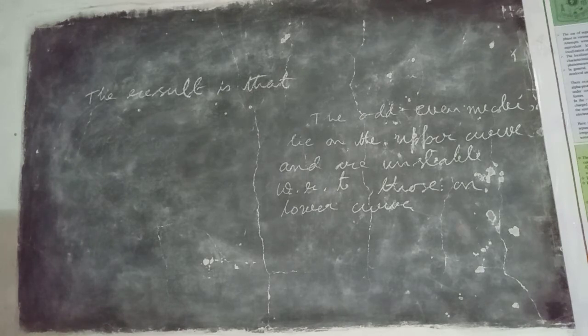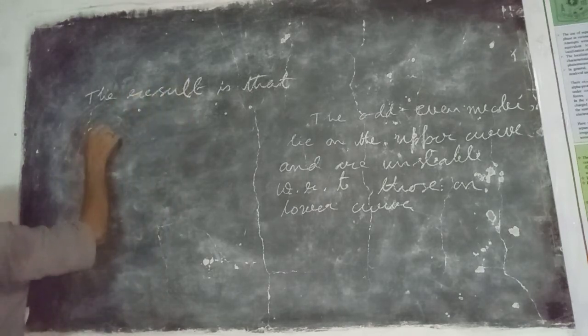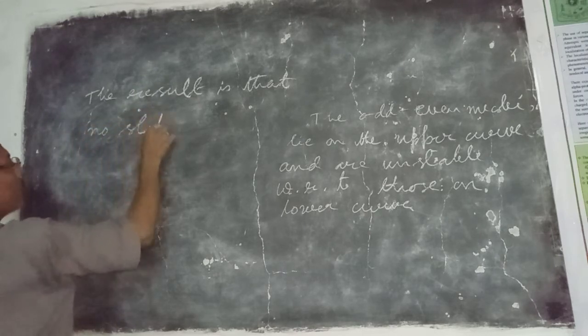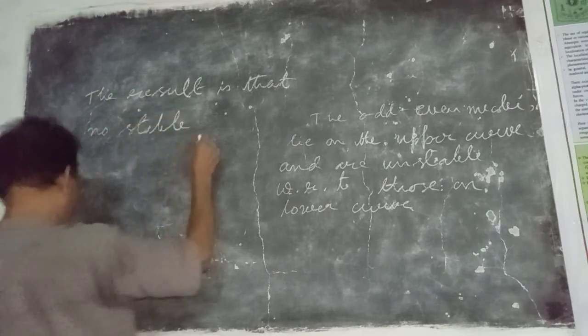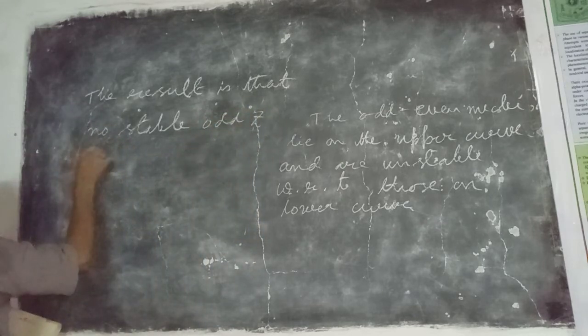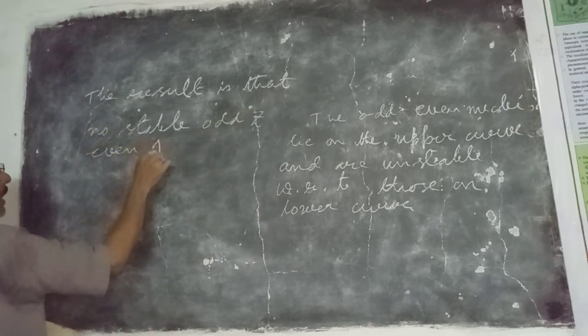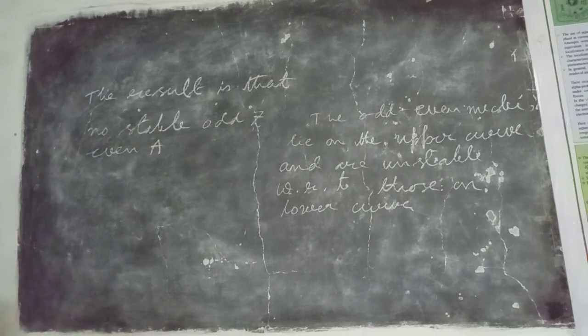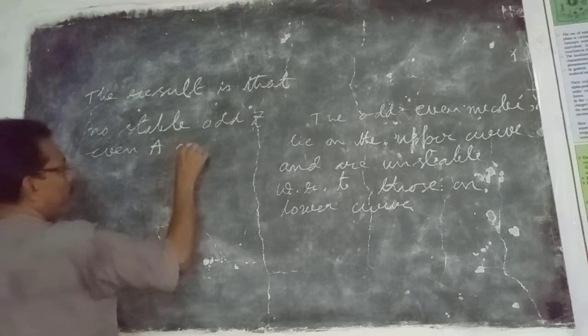So the result is that no stable odd Z even A nucleus should exist.